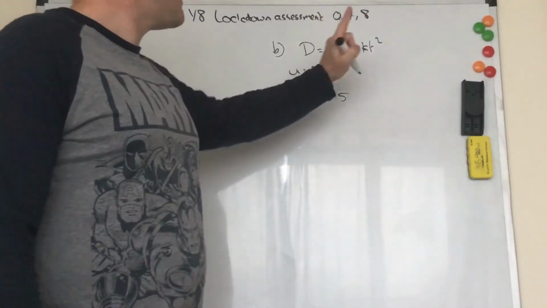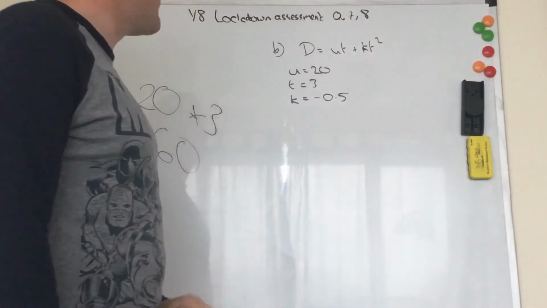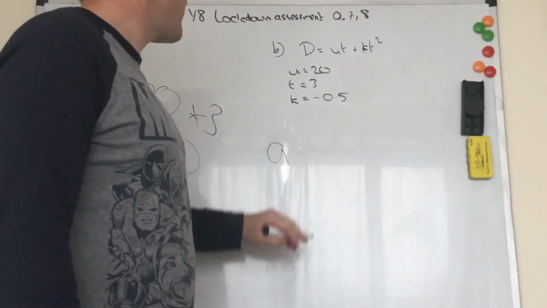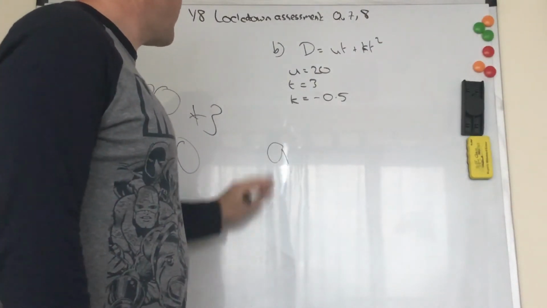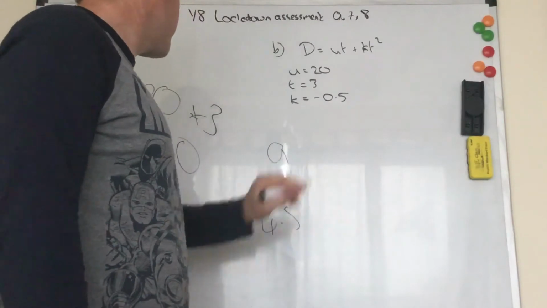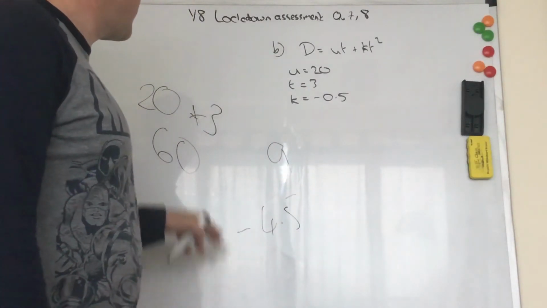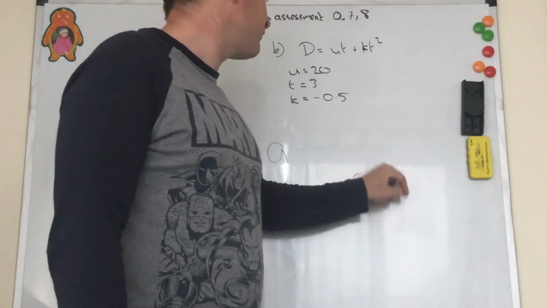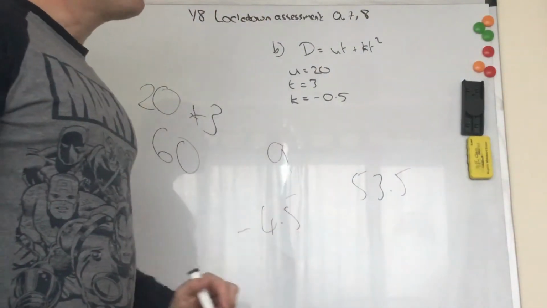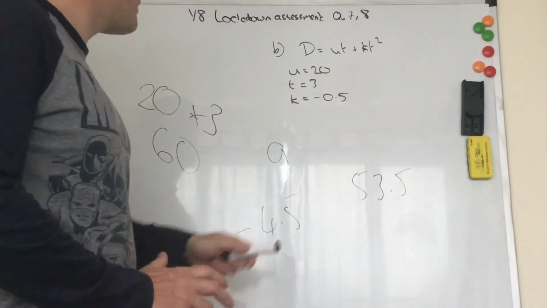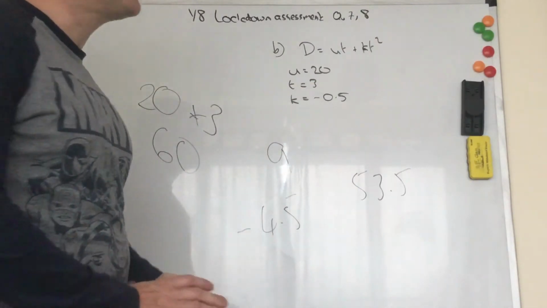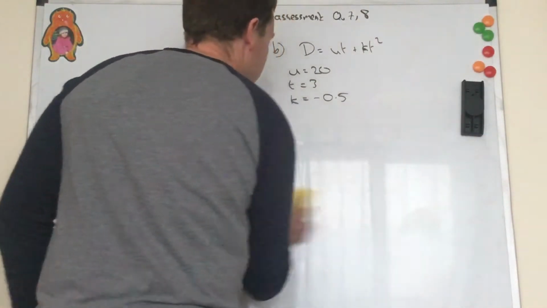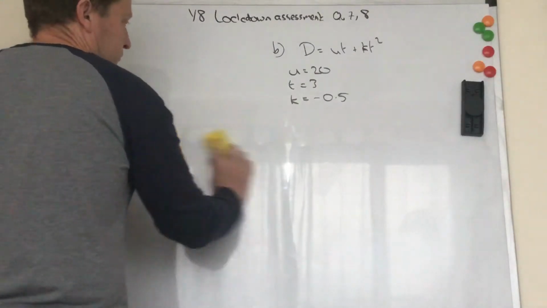And then I need to do k times t squared, so I'll do t squared, and that's 9. And I need to times that by k, so that's 4.5. And it might be a minus, and then I need to do 60 take away 4, and I'll get that wrong, and I'll write 53.5. The answer's wrong, and I can't give you any method marks because it's just all over the place.